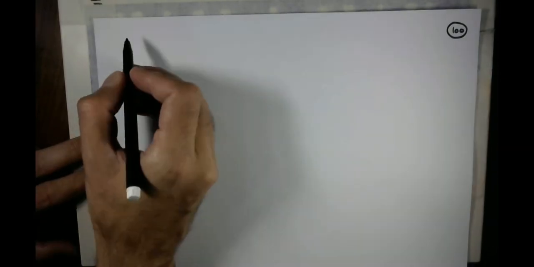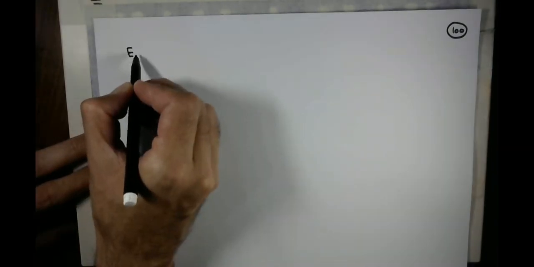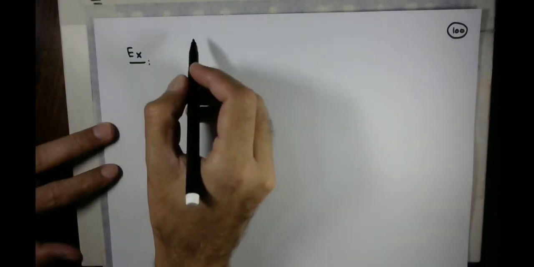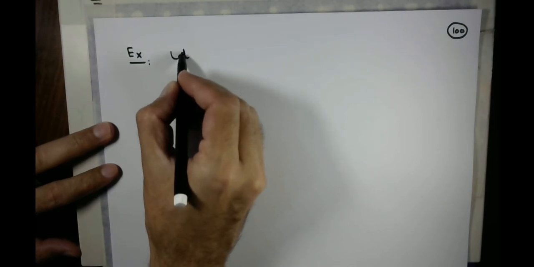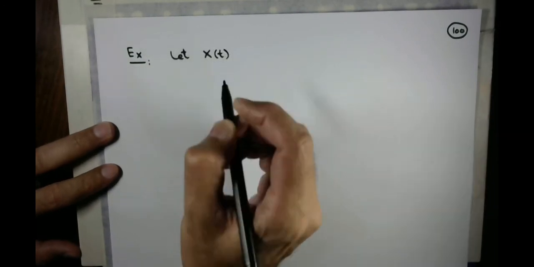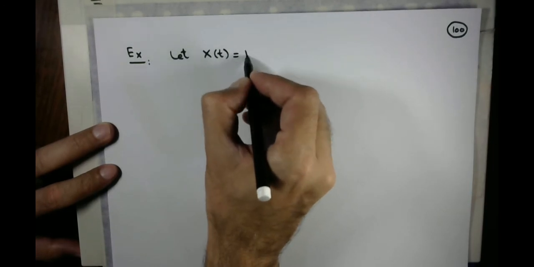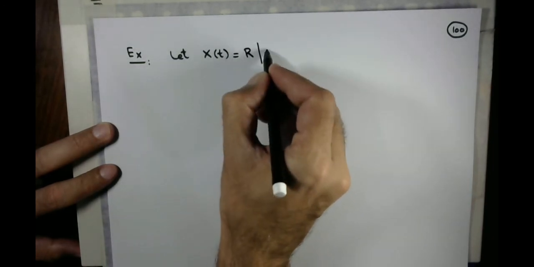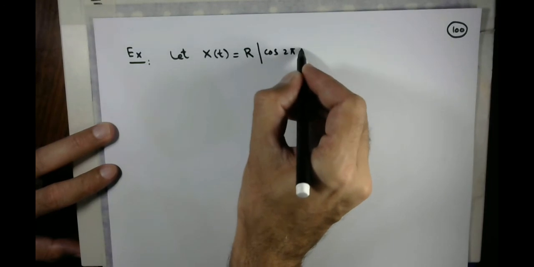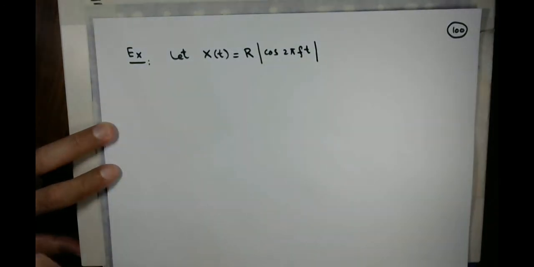Now, I'll do one example to also give you the concept of how to obtain or discuss random variables from a process. So the statement of the example: let X of t be a process defined as R times the absolute value of cos 2 pi f t.